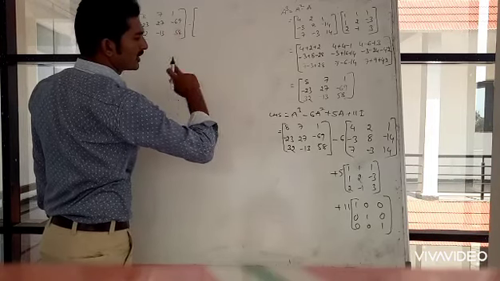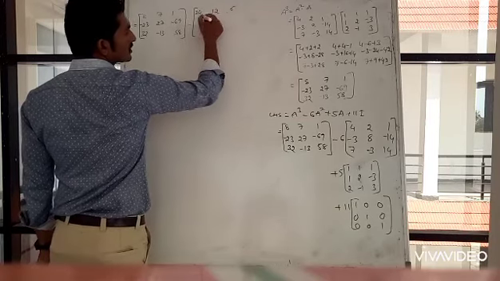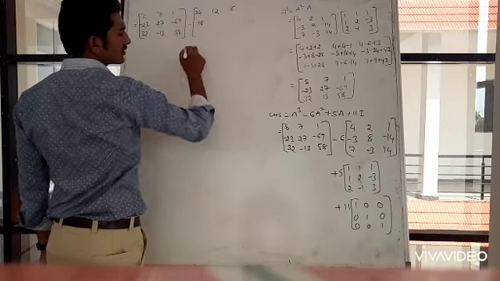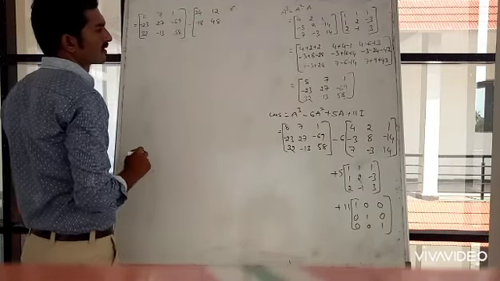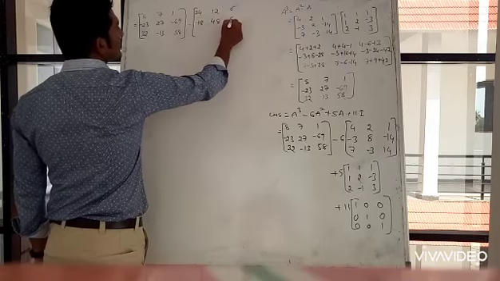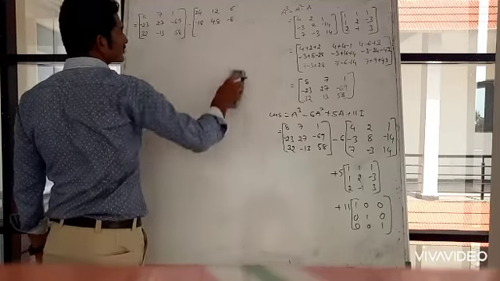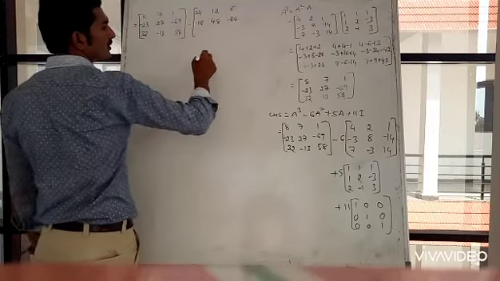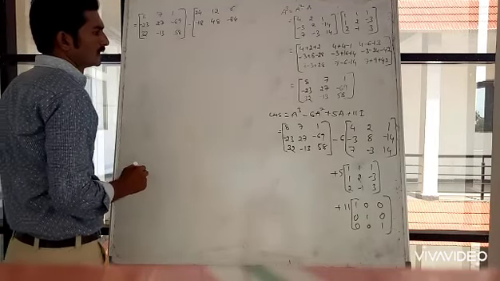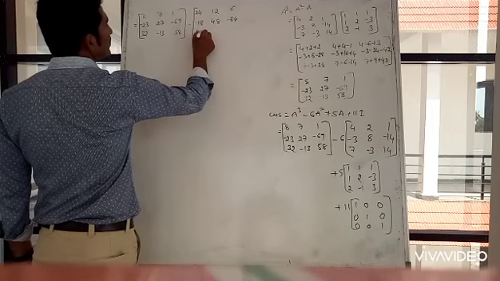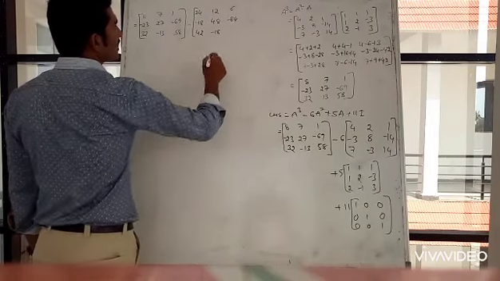Then multiplying by 6: 6 fours are 24, 6 twos are 12, 6 ones are 6, minus 18, 6 eights are 48, 6 fourteens are 84, then 6 sevens are 42, 6 threes are 18, 6 fourteens are 84.